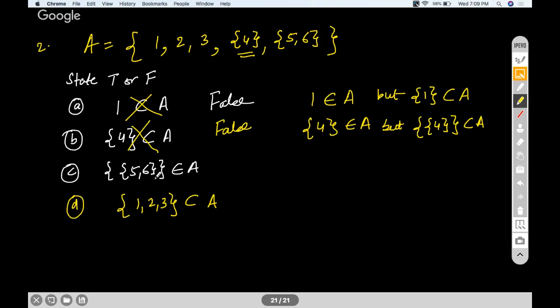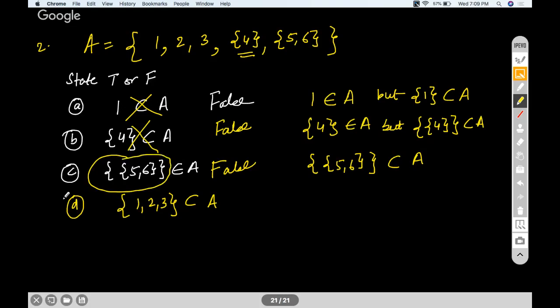Okay, this is also false because this is now a subset. So you should write it like this: this is a subset of A. It is not an element. There is no element like this present in the set.